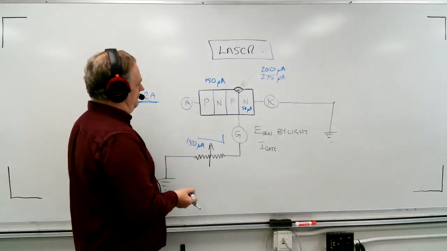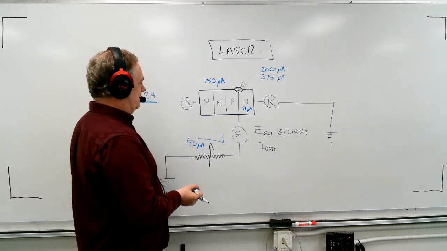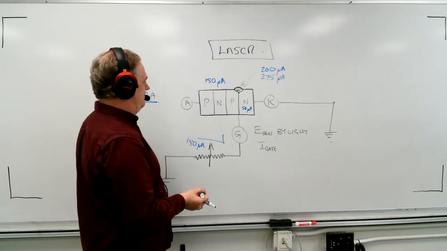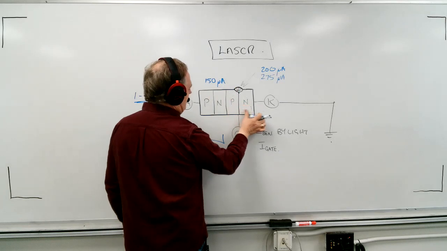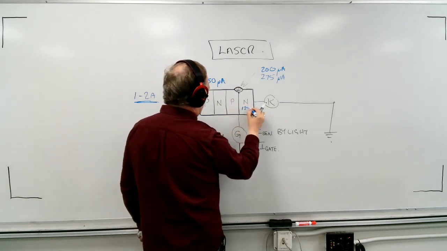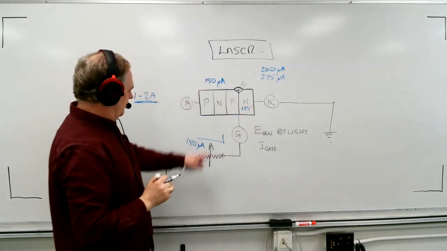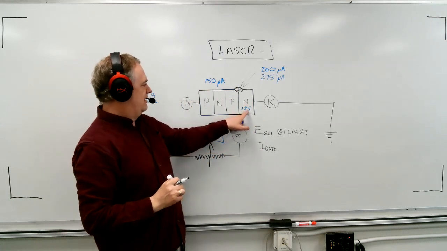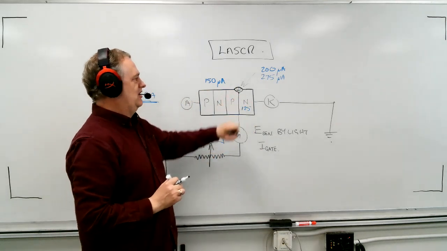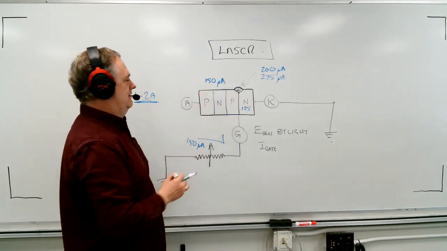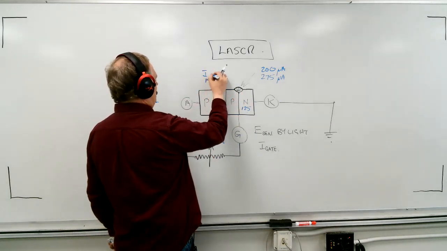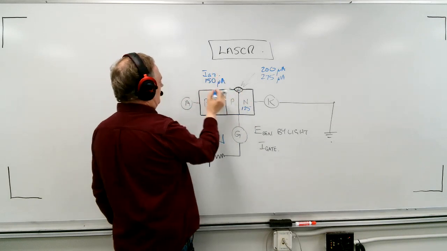So you go 150 from 275 is 125. So now we would actually have, instead of 50 here, 125 as the difference. We're draining 150, we have 125 in the junction. Not enough to fire it. Needs 150. This is IGT. Okay, this is what you need to fire.